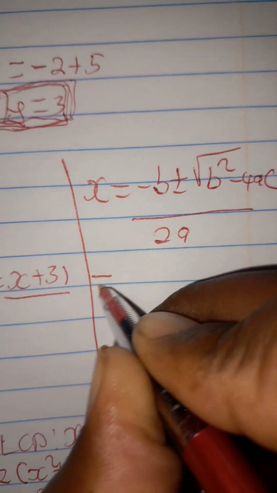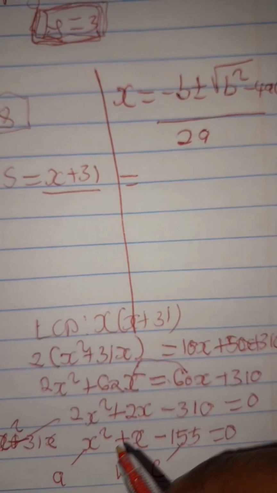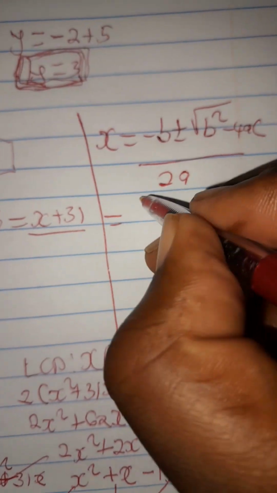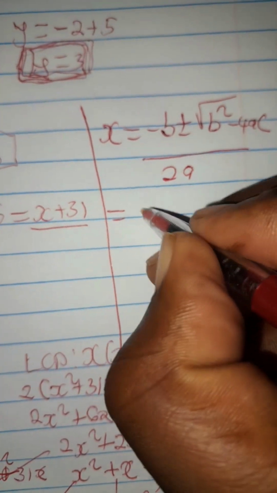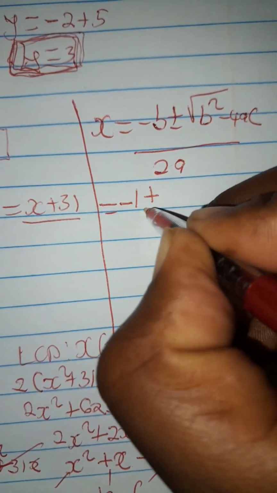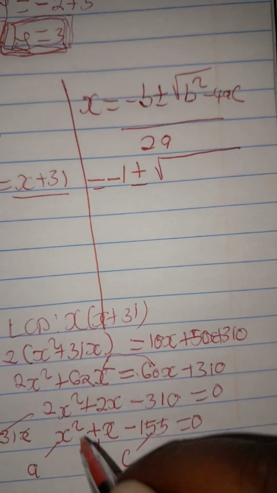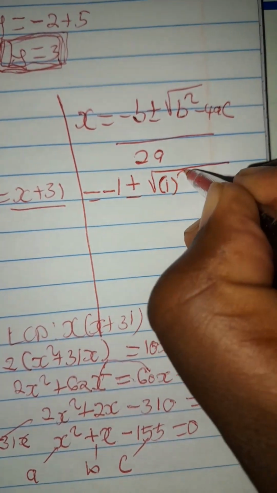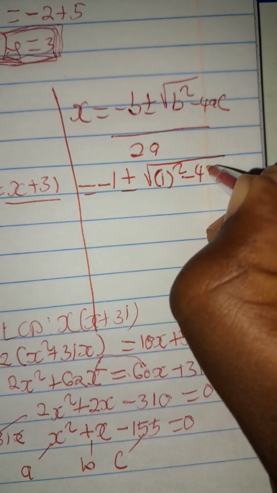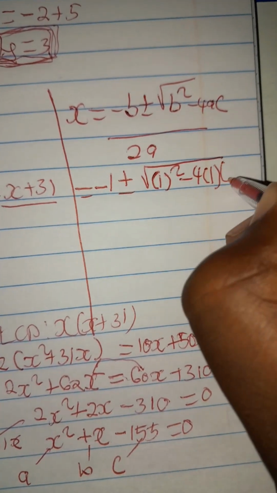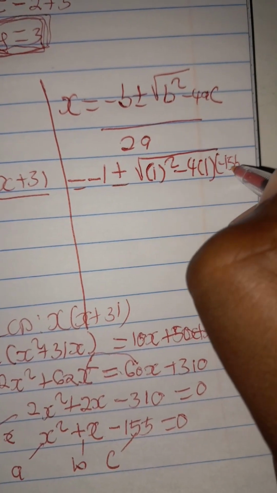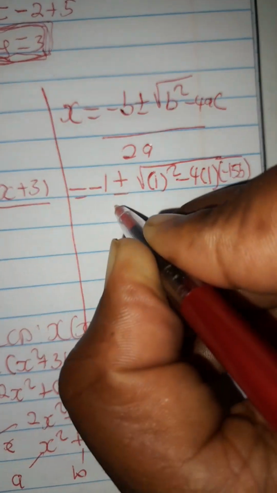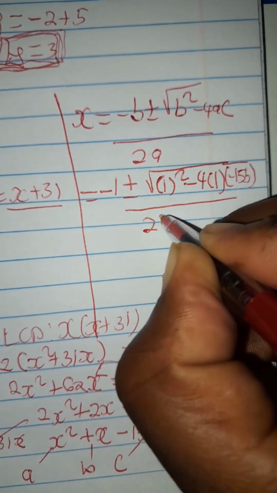Remember that we need to get x as our speed. So what is your b? Your b is going to be minus 1 plus or minus, we take the coefficient, so it's going to be 1 squared. Then our a is going to be 1. Our c is going to be negative 155. So divided by 2a, where a is 1.